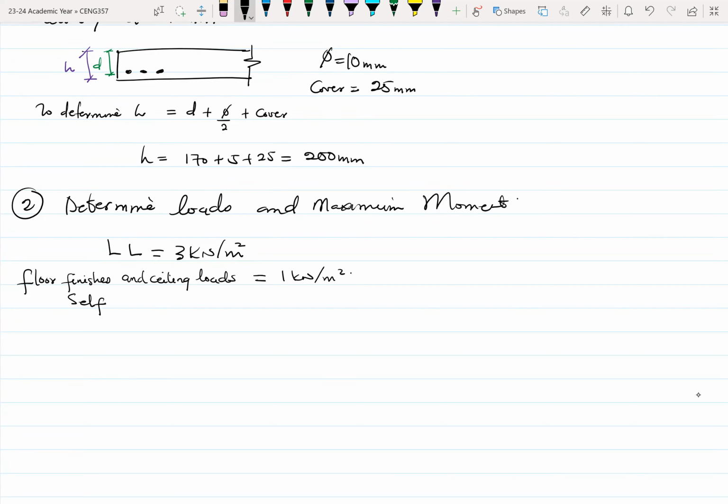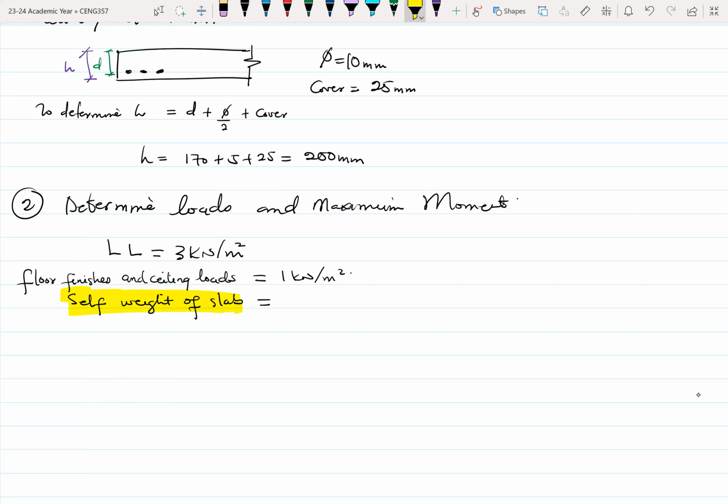Now we need to find the self weight of the slab, which we were not given. All right. So to find the self weight of the slab, this thing that I'm going to do right now is an important component of design, right? The weight of the structure also adds up to the loads. All right. Previous examples, we have assumed that whatever dead load we had also included the self weight.